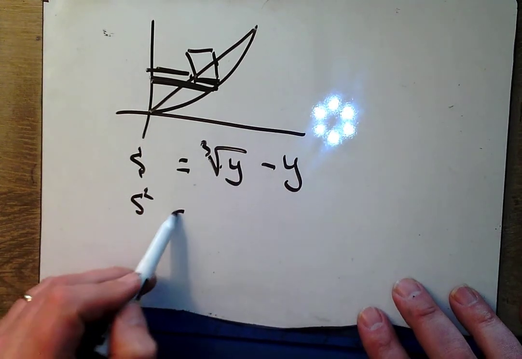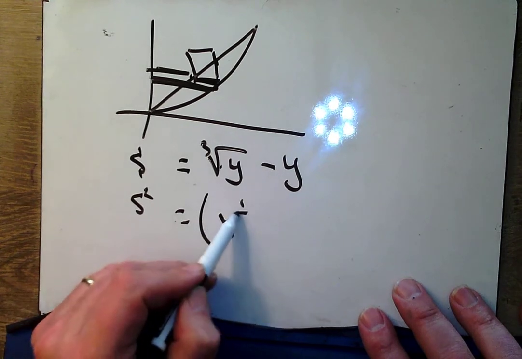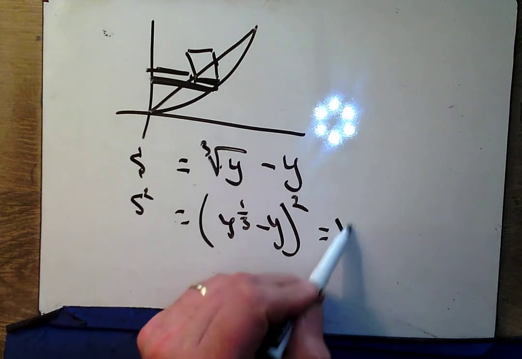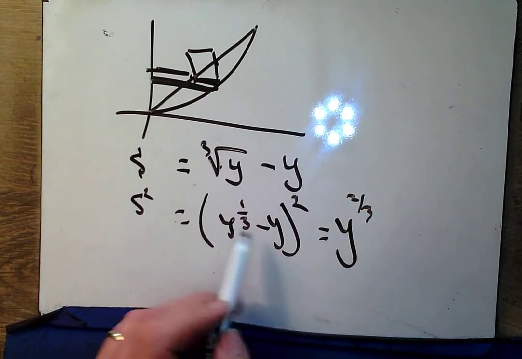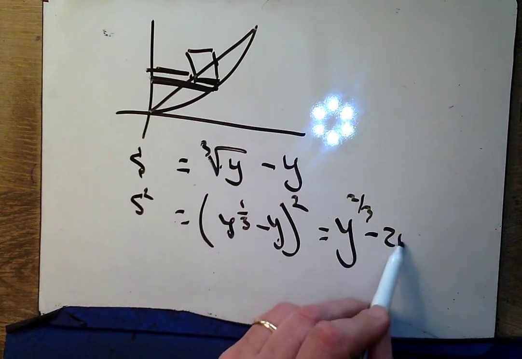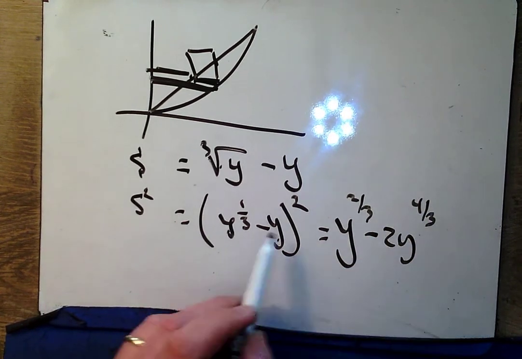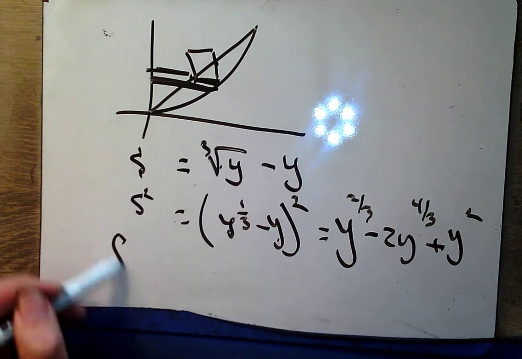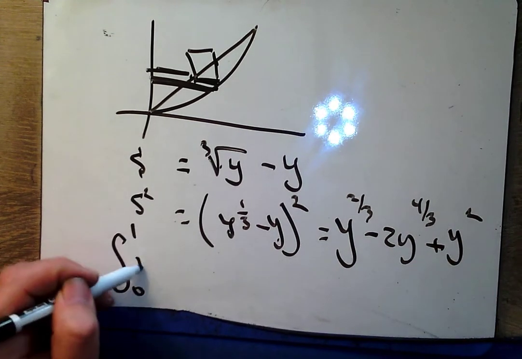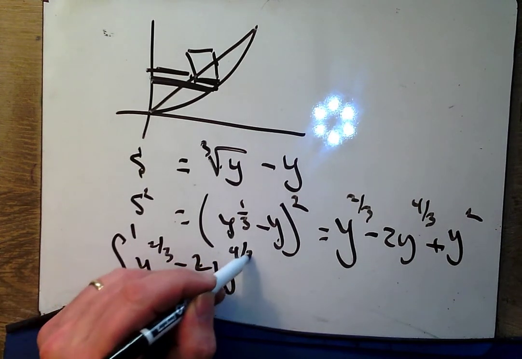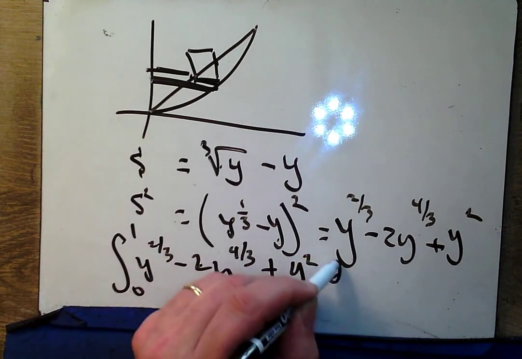So side squared, y to the 1/3 minus y squared. So that's y to the 2/3. This times 2. So minus 2y to the 4/3 plus y squared. Okay, so that's what I'm integrating from 0 to 1. Silly me. Minus 2y to the 4/3 plus y squared dy.